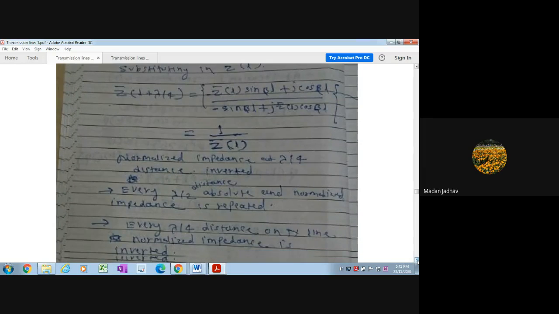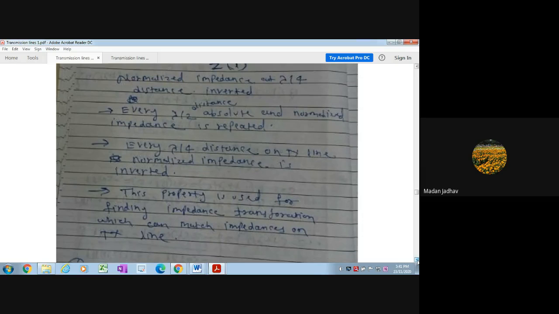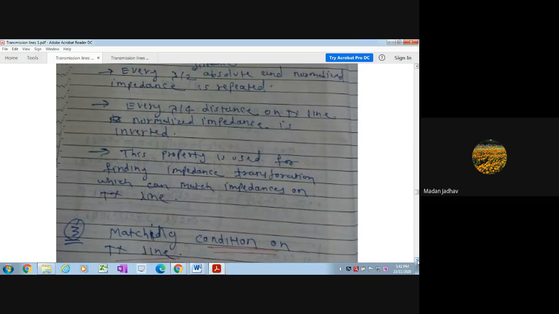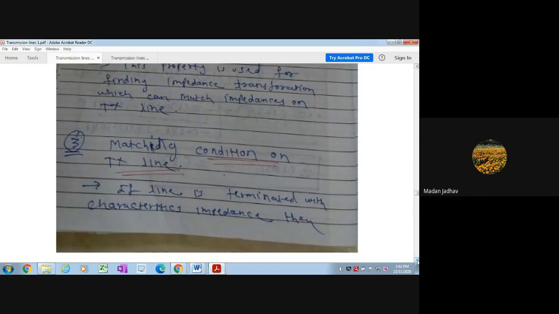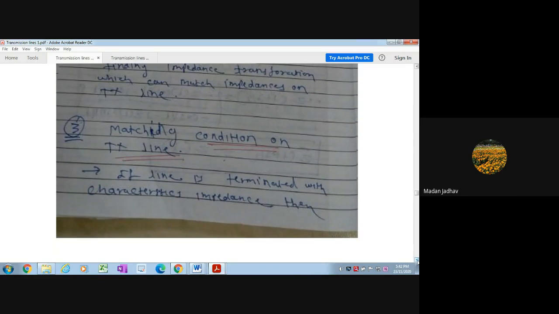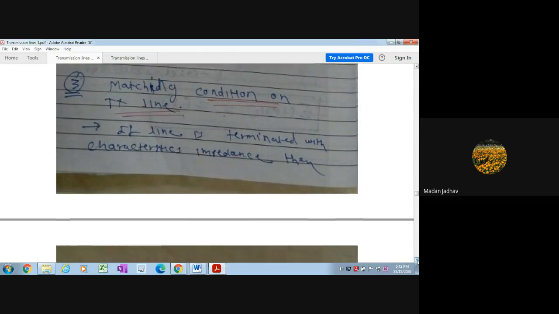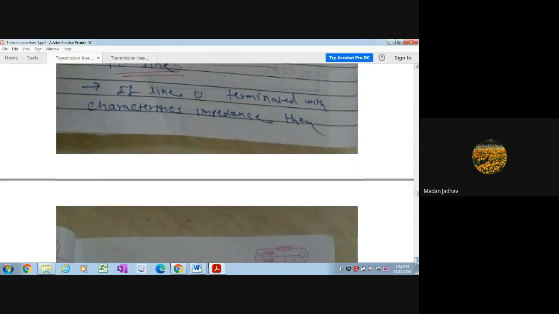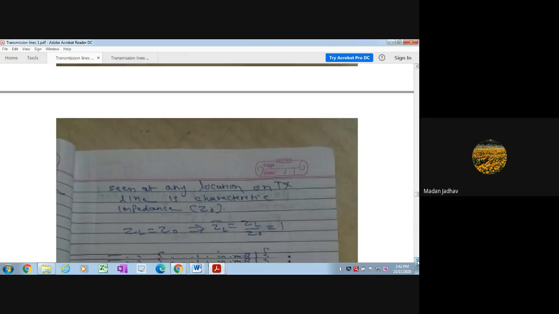Okay, these are the properties which are used for impedance transformation, which can be used to match the impedance on a transmission line. Now the impedance matching condition on a transmission line: if the line is terminated with the characteristic impedance, the line is matched.